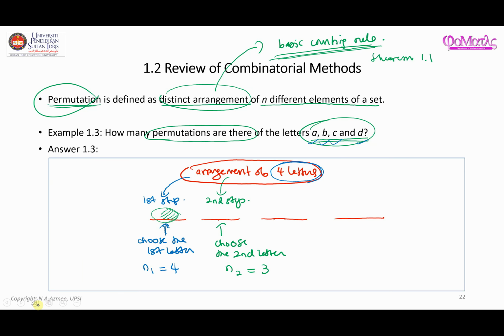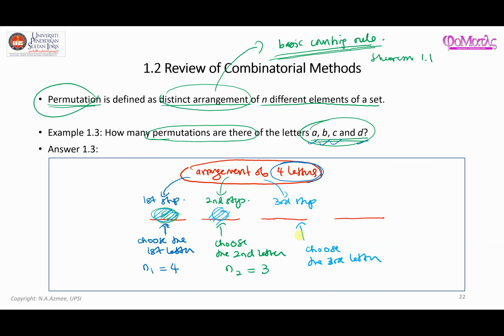Next we move on to the third step. The third step is to choose the third letter. Since those spaces are already filled up by whatever letters, we don't concern ourselves with them.